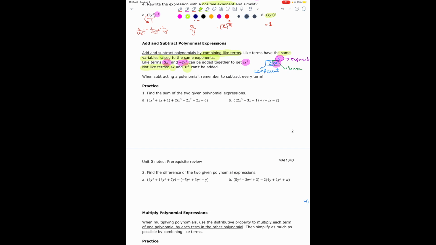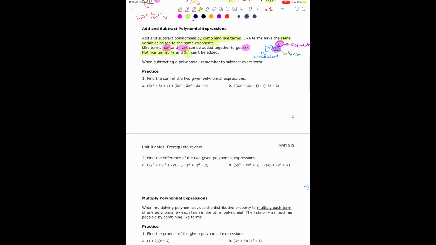You cannot add 4 bananas and 3 apples together. They're not the same type of fruit, so you cannot combine them into one thing. For example, you cannot say you have 7 banana apples. It just doesn't make sense. I hope you see what I'm saying there.